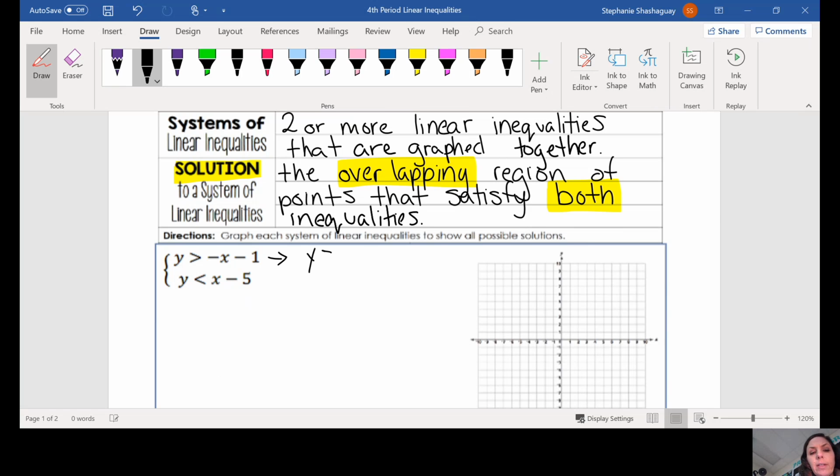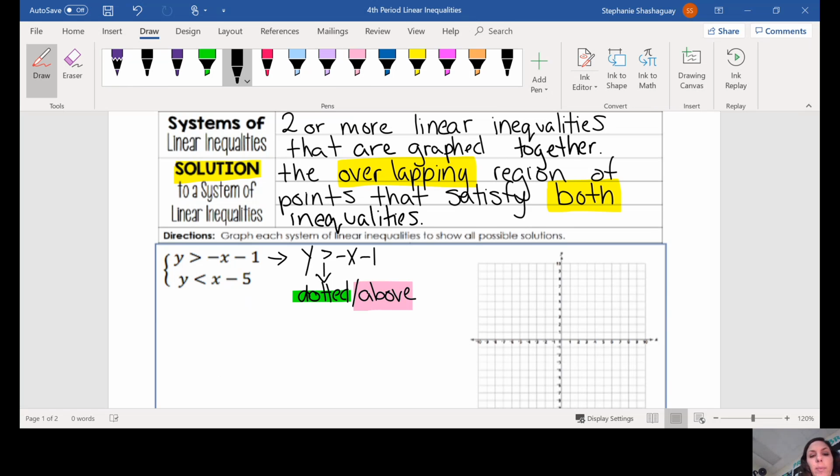Now let's pull out all of the information that's been provided to us here. So y is going to be greater than, and it's a dotted line, because it doesn't have the equal sign, so it will be dotted. And it is greater than, so it's going to be shaded above the line, okay?